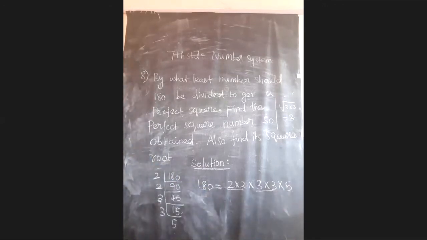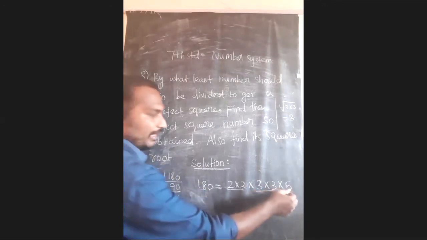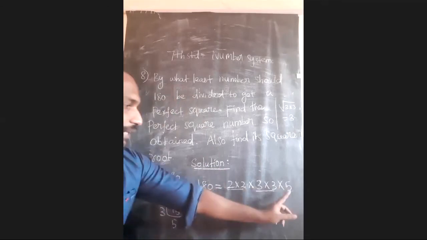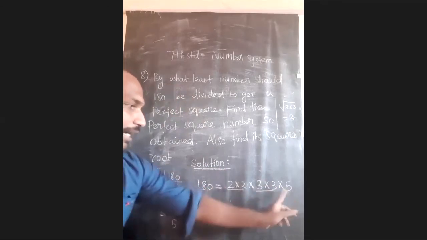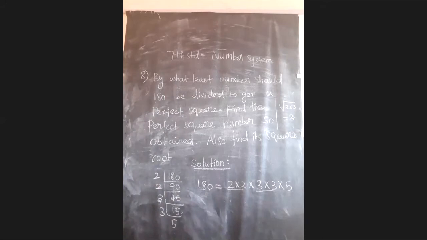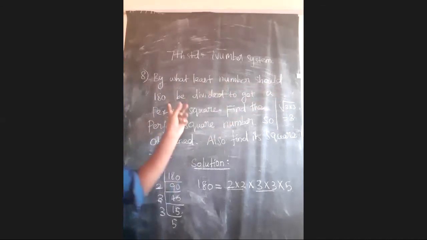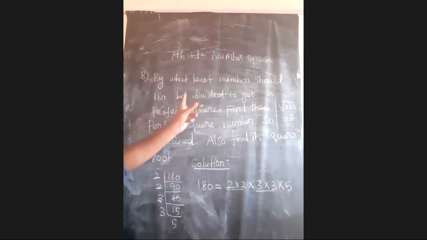So what we have to do? We have to divide that number by 5. Got the point? Okay, so the answer for the first question, what least number should 180 be divided by to get a perfect square?